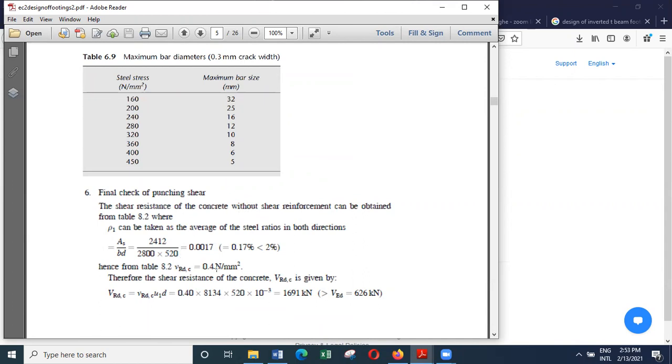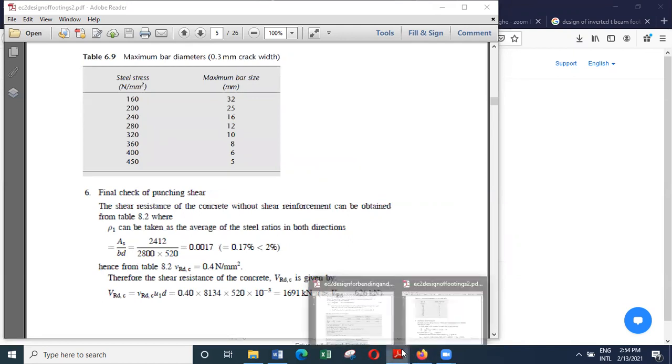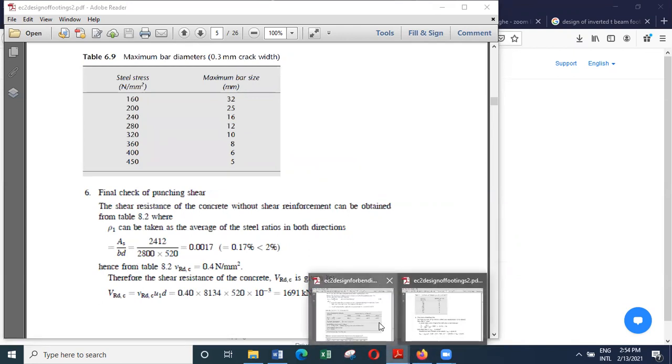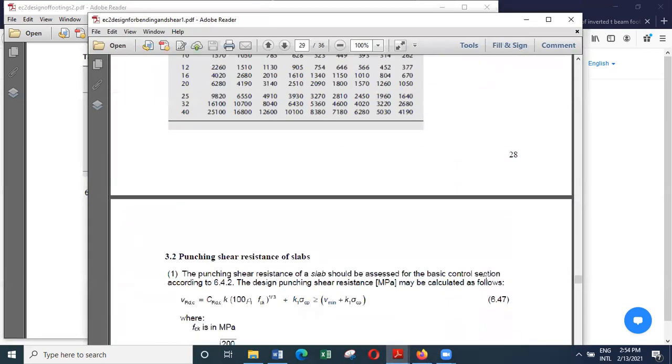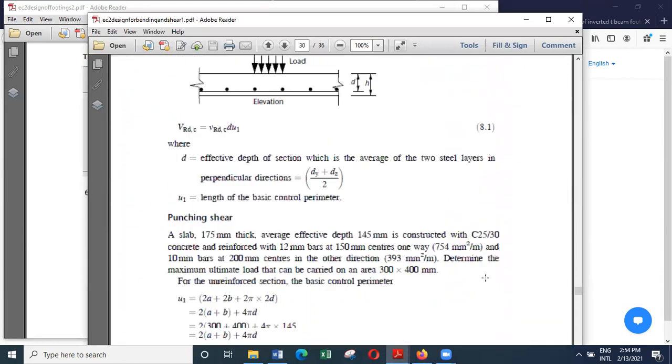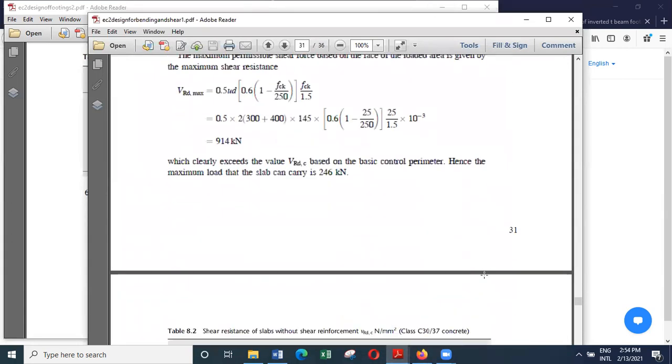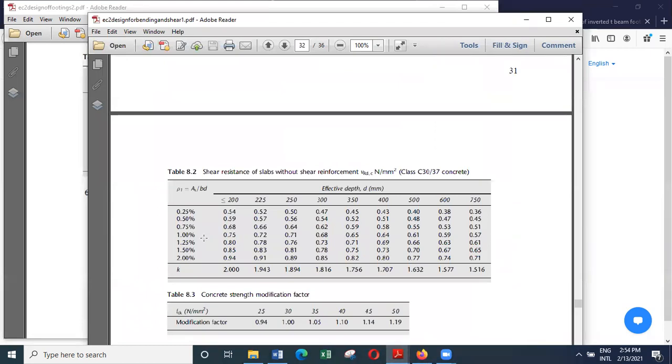So for this ratio, if you look at the shear carrying capacity, the steel ratio is less than 0.25, and the thickness of the section is 520.